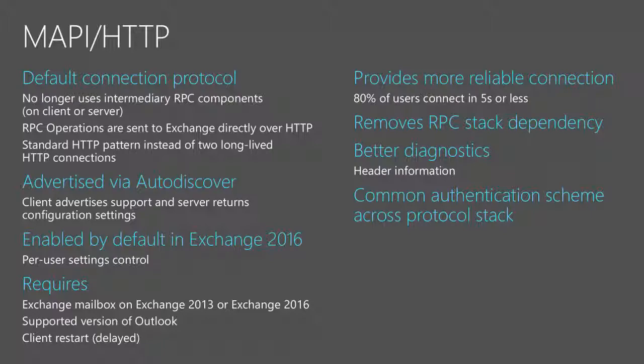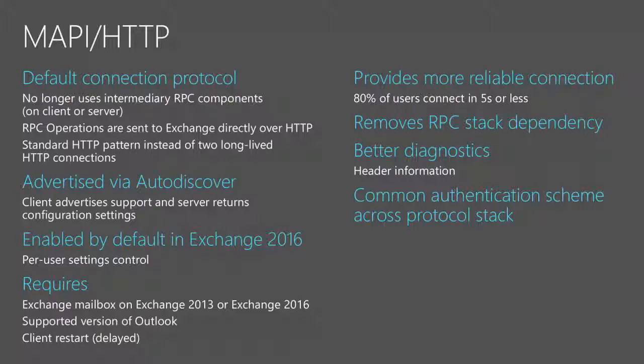The big plus around this switch is that we no longer use the Windows RPC stack as an intermediary. It used to be we would take the RPC operations, wrap them in RPCs, and then wrap them in HTTP to get them to the RPC proxy DLL, which would then unwrap them and figure out what they were and where they needed to go.